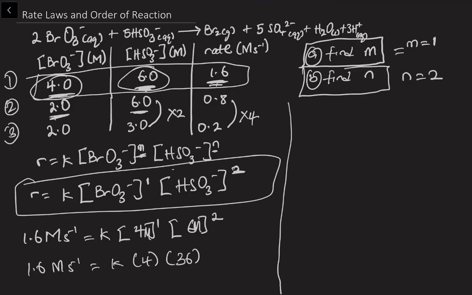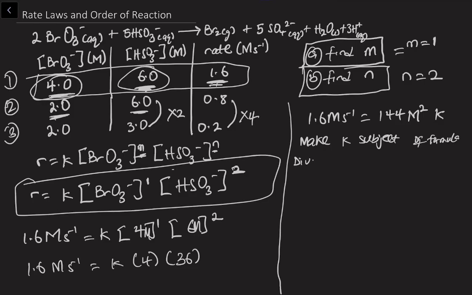If we do that, 1.6 molar per second is equals to 144 molar square K. If you want to make K subject of formula, we divide both sides by 144, right?